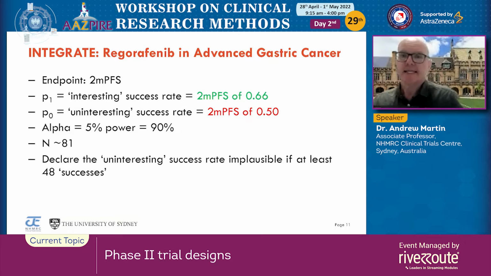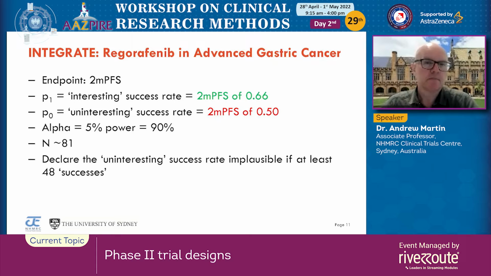So here's an example of that design being used. The Integrate 1 study, Regorafenib in advanced gastric cancer. It was a single-arm study. The primary endpoint was the proportion of patients that were alive and progression-free at 2 months, so 2-month PFS.